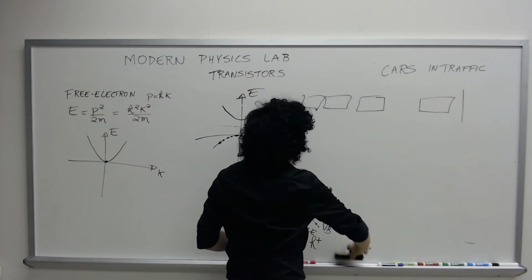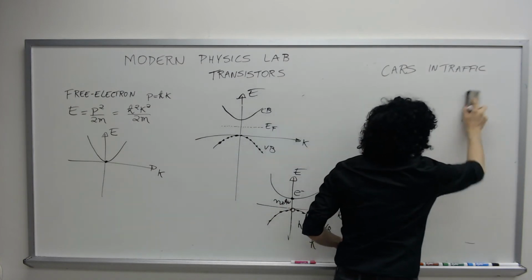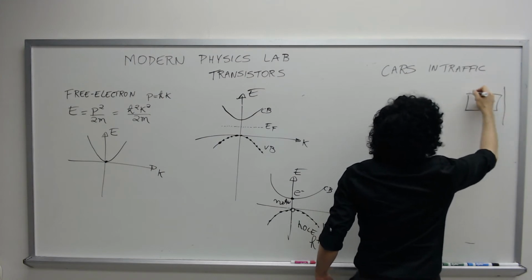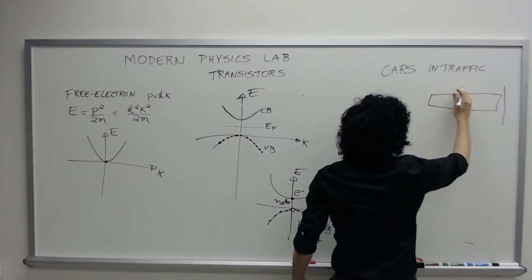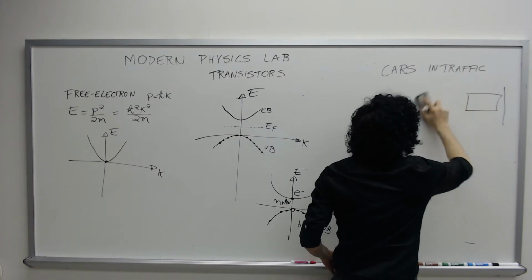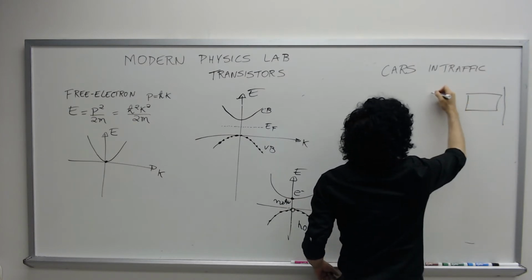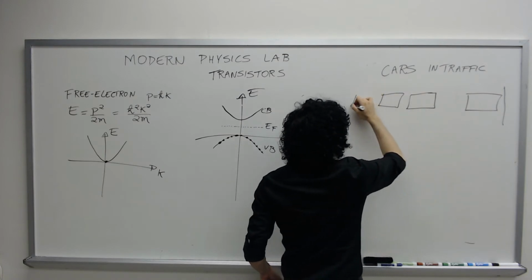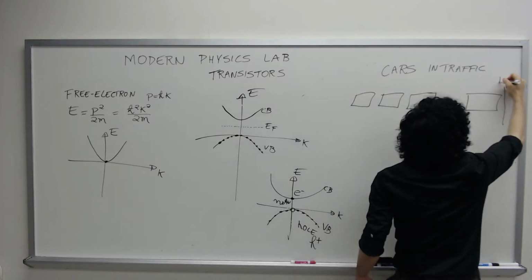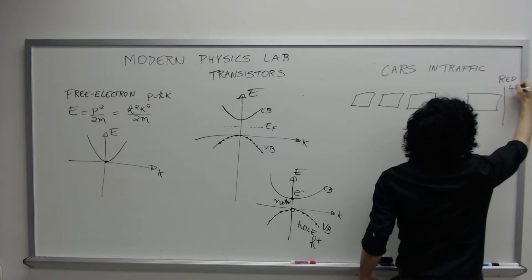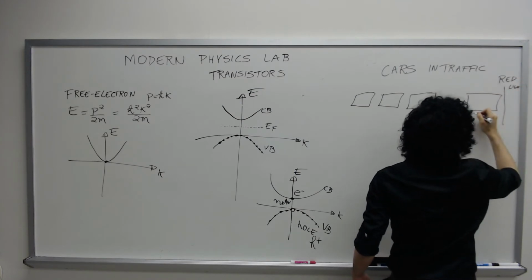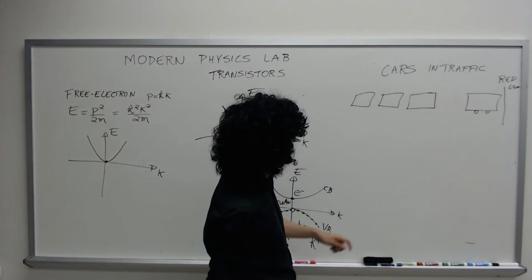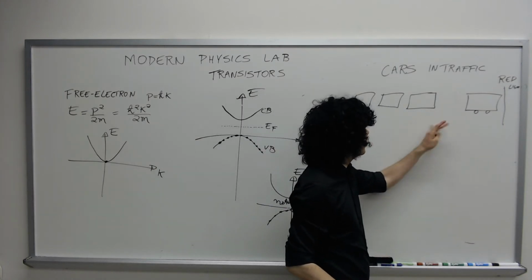Suppose you have the red light here, and the cars are waiting in traffic. And there is a gap between car 1 and car 2.